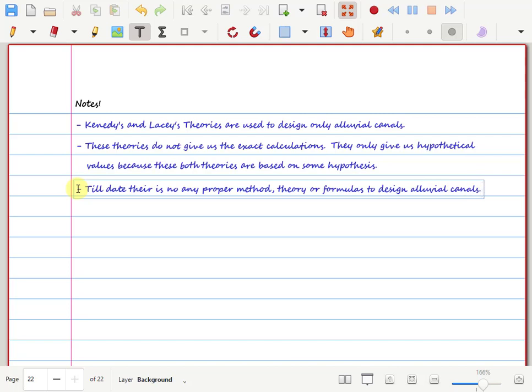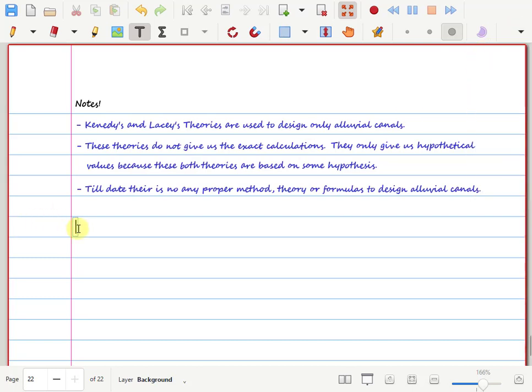So still we are using Lacey's and Kennedy's theory to design the alluvial canals. Okay, these were a few important points. You can be asked these points maybe in an interview, or you can get these points in some sort of exams.